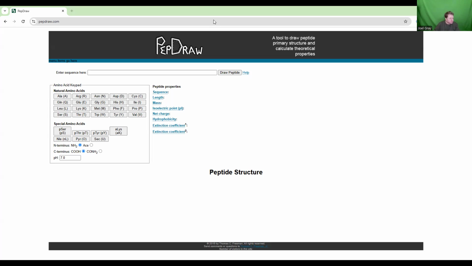So this web page right here, PepDraw. I shared the link on our Canvas page the other day, and it's a good one because it allows you to type in an amino acid sequence, and then it will draw that peptide for you.